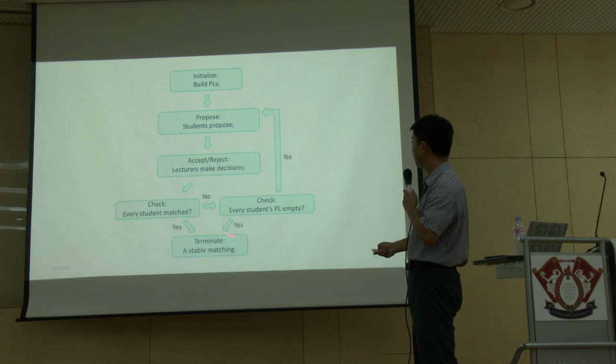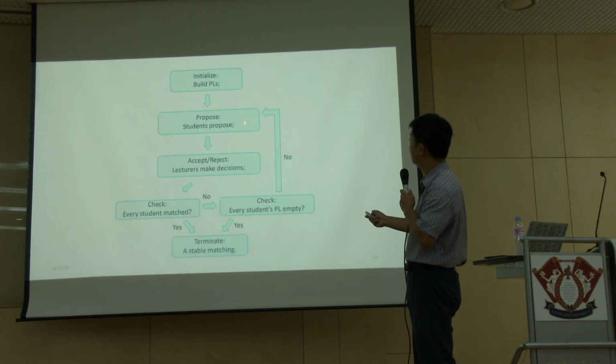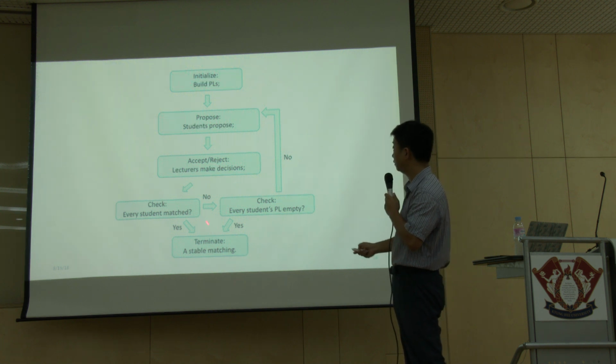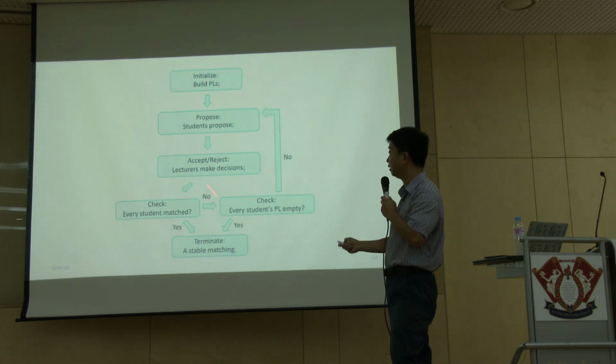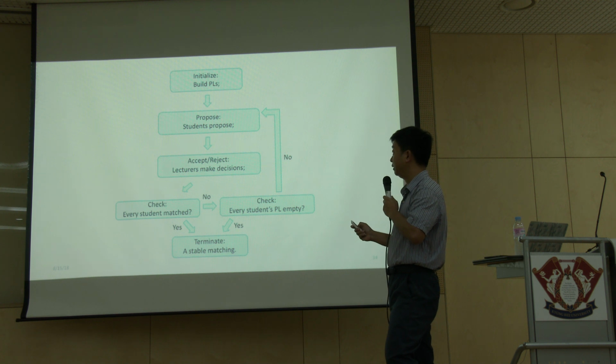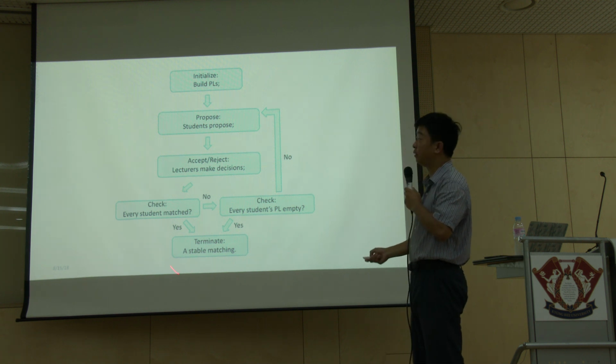If yes, they just stop. Otherwise, they check if every student's matching is empty. Otherwise, they will propose again. So this iteration continues until all the student requirements are reached. So finally, they have a stable matching.